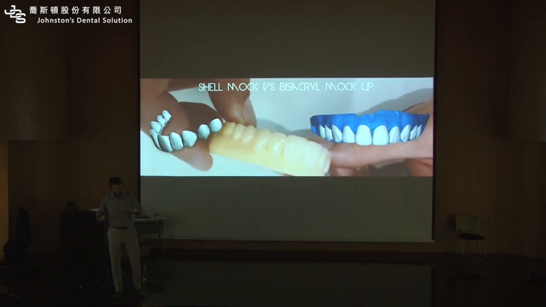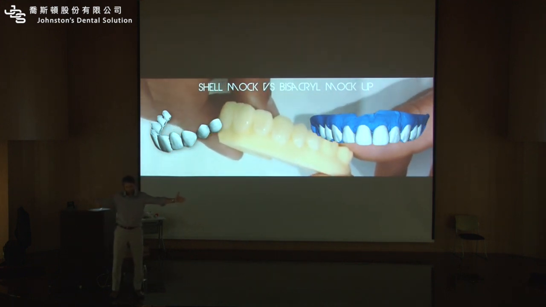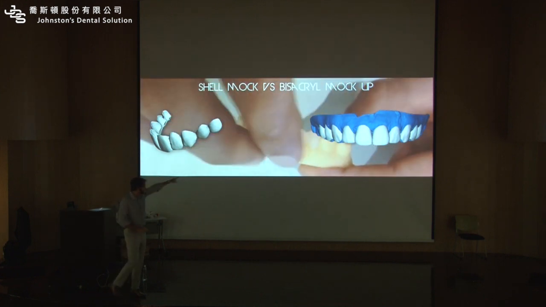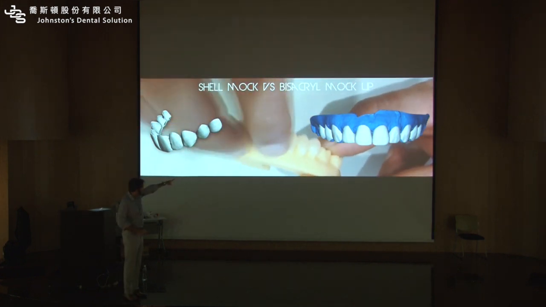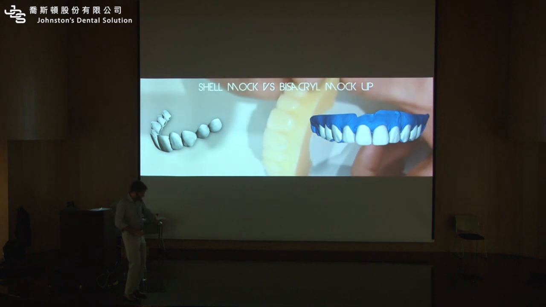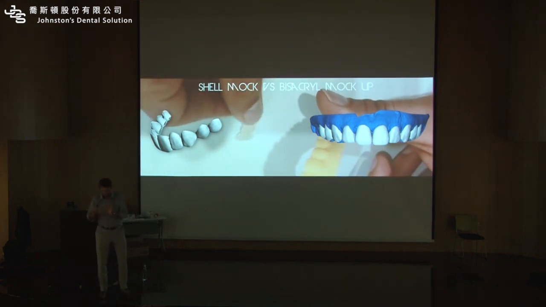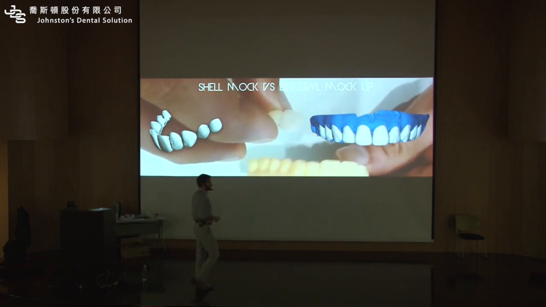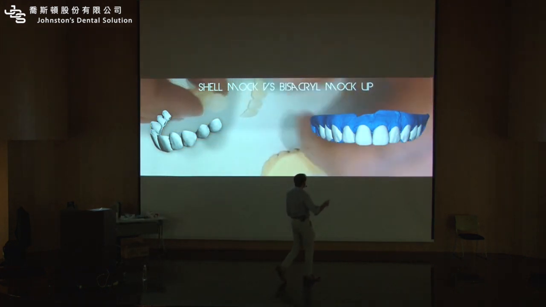We jump from the design into the mouth. So we print the shell like you see on the video. You print super fast and you click it in the mouth. Okay? Both ways work perfectly.